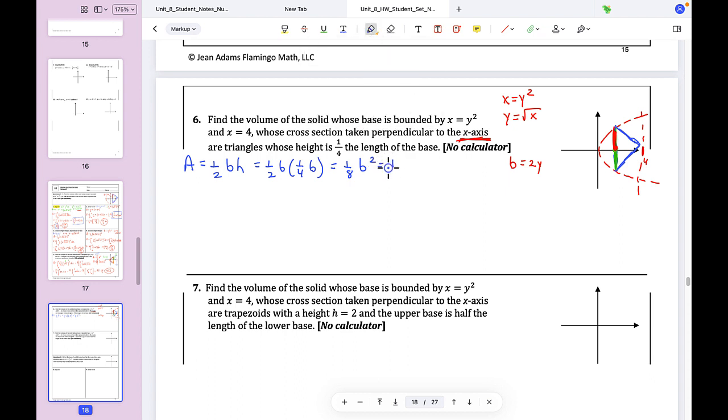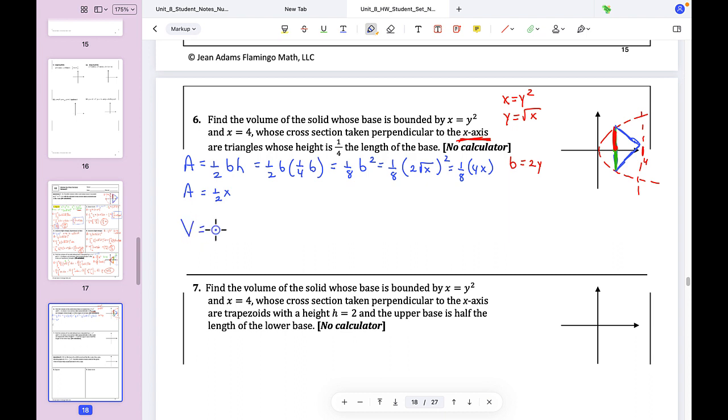So we're looking at 1/8 2y, or 2 square root of x squared, which equals 1/8 times 4x. All right, so my area that I'm going to use is going to be 1/2 x, right?